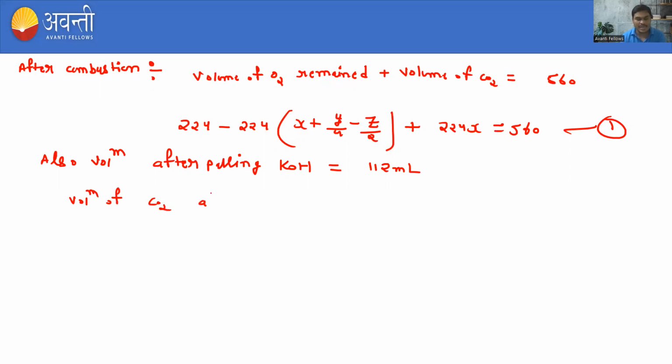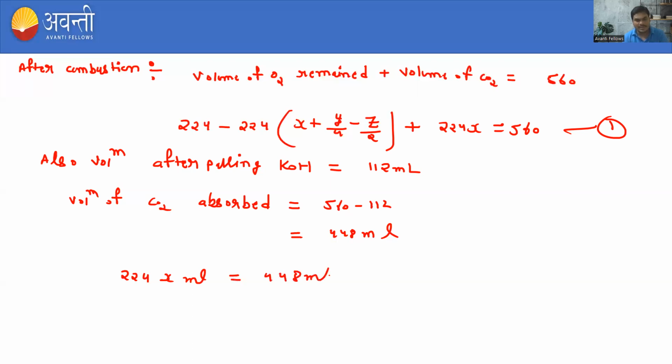The volume of CO2 absorbed is equal to 560 minus 112. As simple as that. So it comes out to be 448 ml. Right. Now we can say that 224x ml is equal to 448 ml. So from here you will calculate x. So x comes out to be 2.